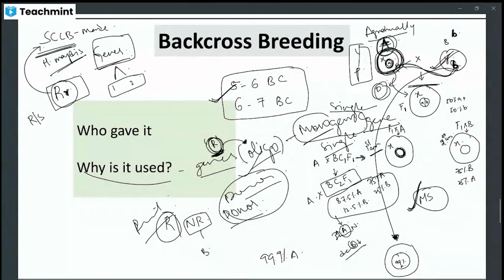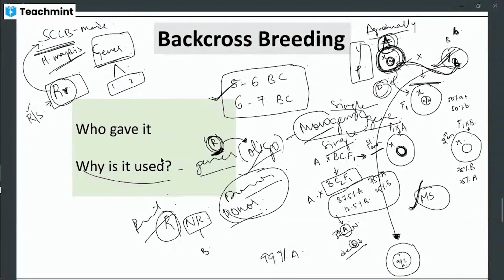It will be resistant. In the heterozygous condition, it will be resistant. What about the homozygous dominant condition? Resistant.